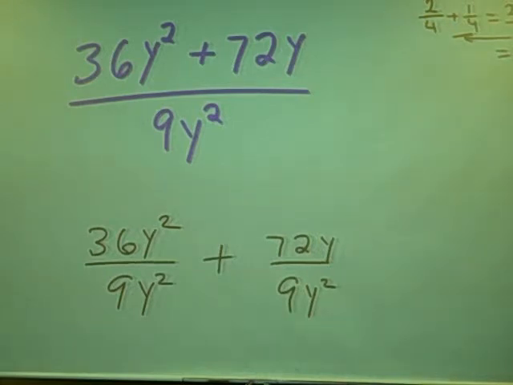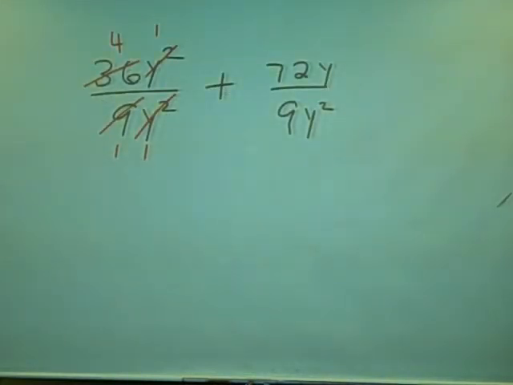So now, the 9 can cancel into 36, right? And then what does that leave us with? 4. And then the y squares, they can cancel, they go to 1. 9 goes into itself one time. Okay, so that would be the same thing as if we said just 4 plus, so 9, that can go into 72 how many times? 8 times, right?